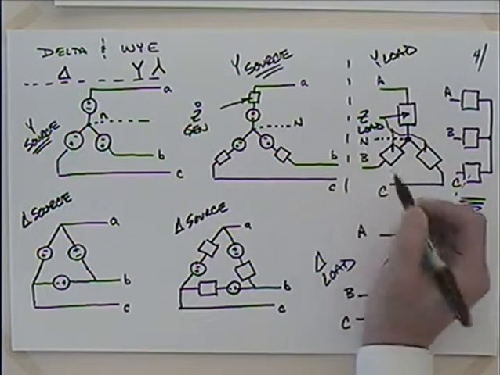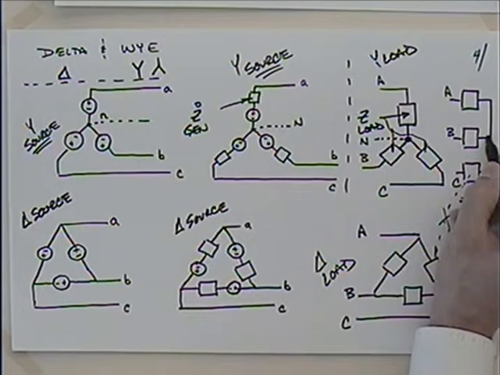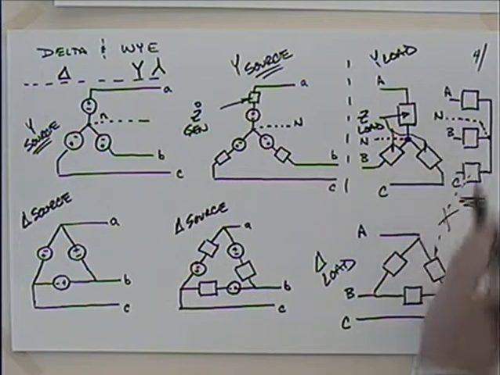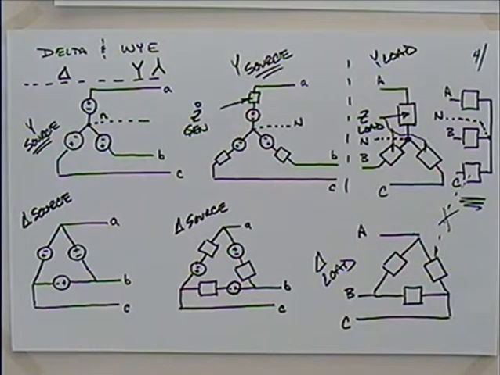I'll give that capital N for the neutral. And it would be here, wouldn't it? That would be the neutral. Now there's actually not a neutral with a delta. And there's some things we do with a delta in terms of a leg that's a little bit different. I'll show you a slide of that next week in terms of some practical stuff.